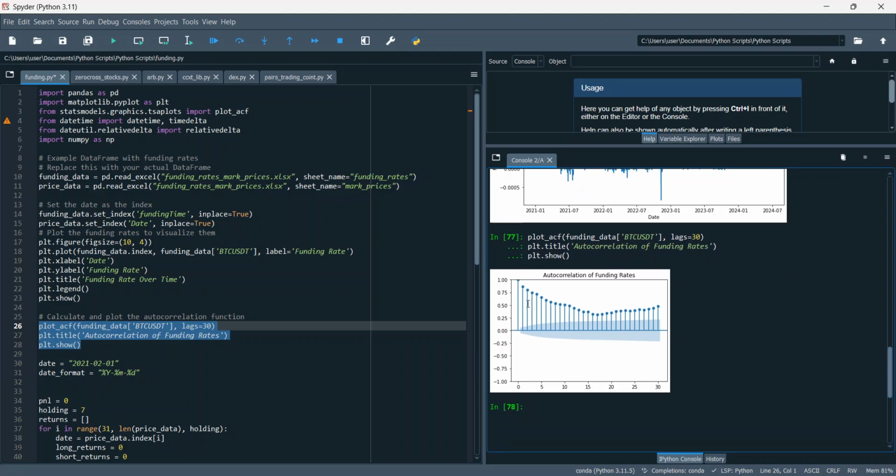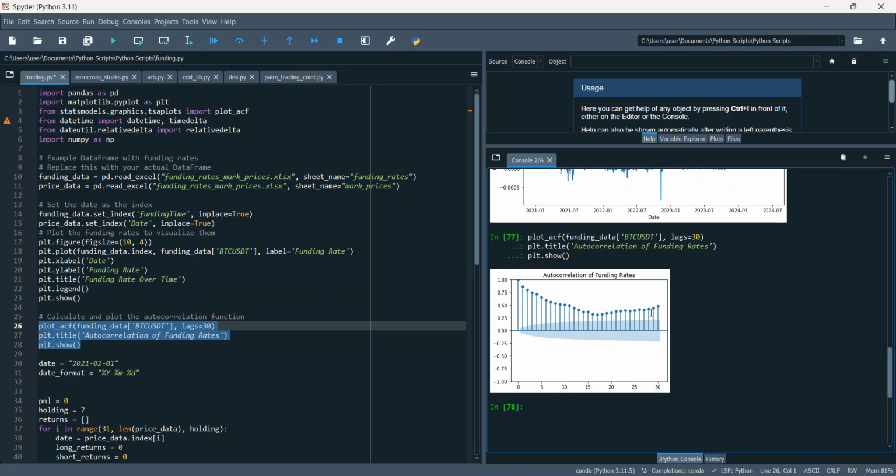For example, the daily return is more than about 80% correlated to yesterday's return. For example, if we come here, let's say the 15th day's return, it is about 30% correlated to the return about 2 weeks ago.